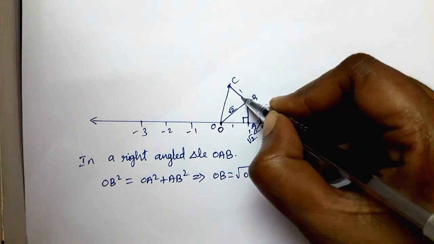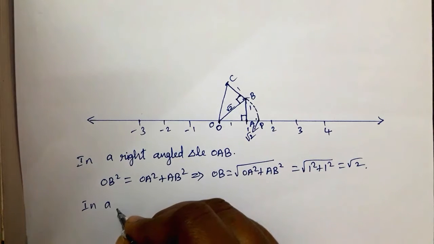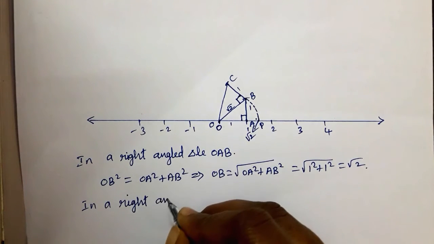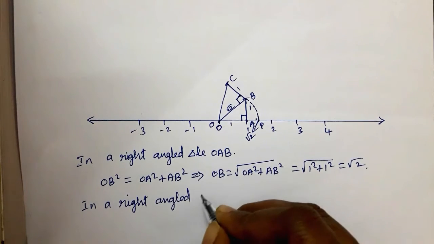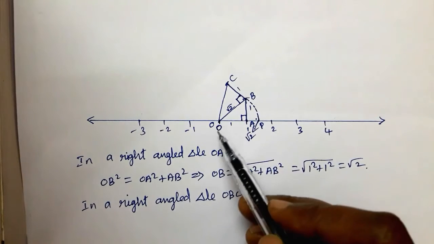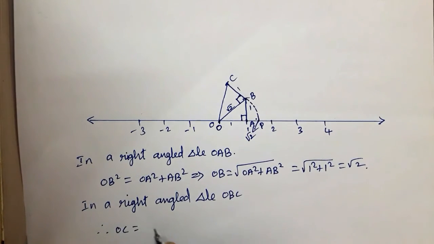Here is 1 unit. Again it is a right angle triangle. Therefore, in right angle triangle OBC, the hypotenuse is OC and the other two sides are OB and BC. Therefore, OC equals square root of OB square plus BC square.